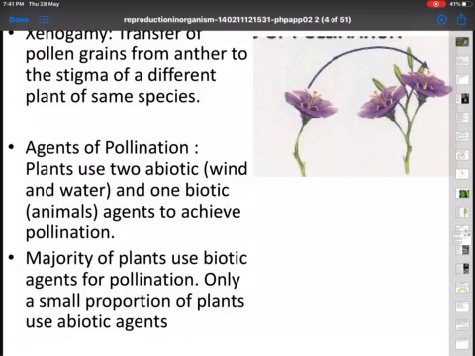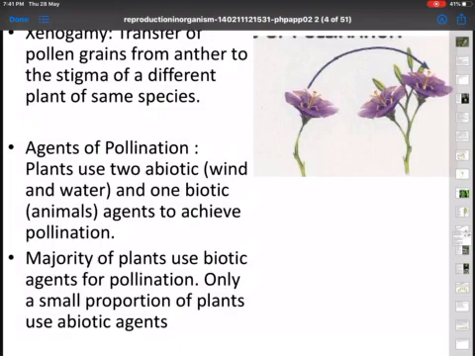Plants use both abiotic as well as biotic agents to achieve pollination. In case of abiotic, predominantly it is wind and water, and in biotic, animals, birds, insects, including human beings.